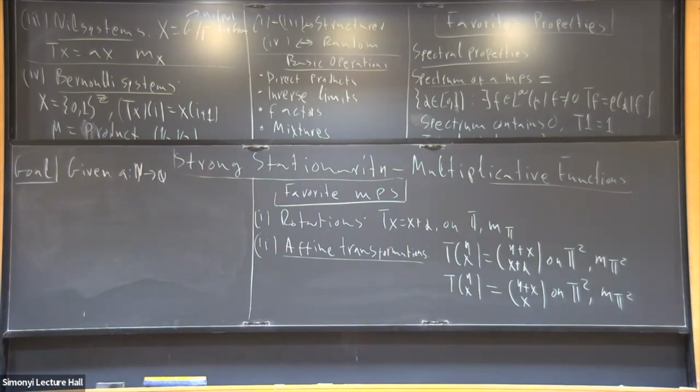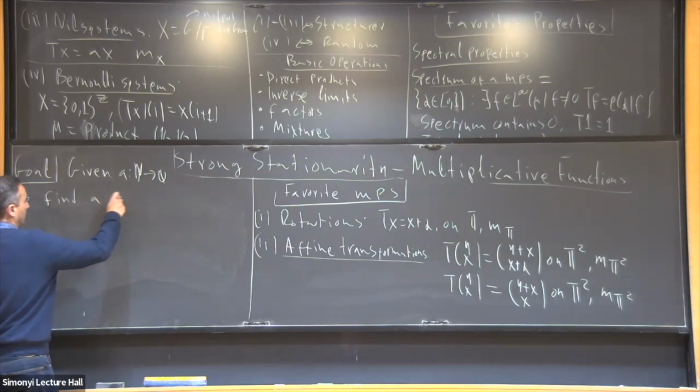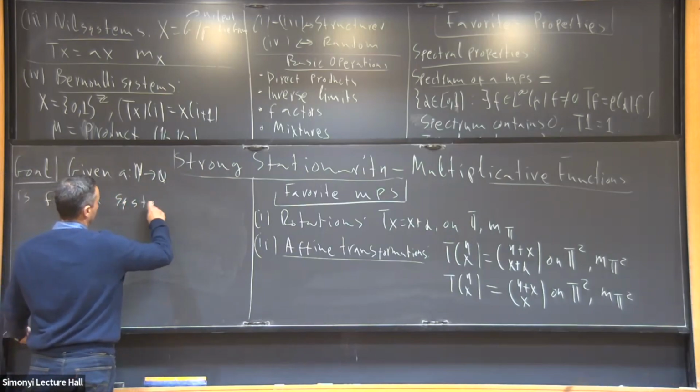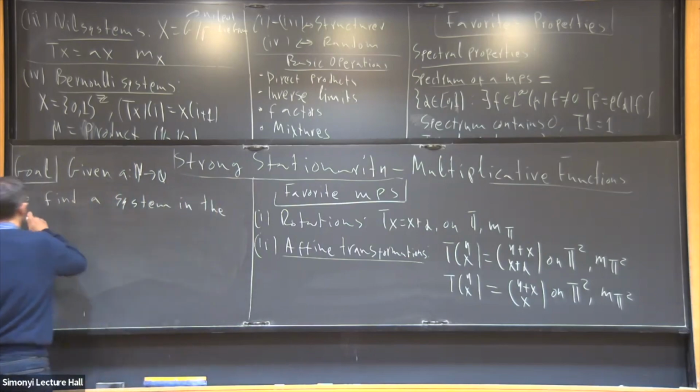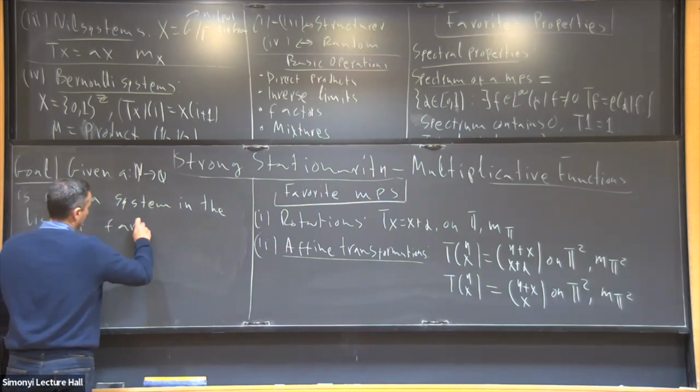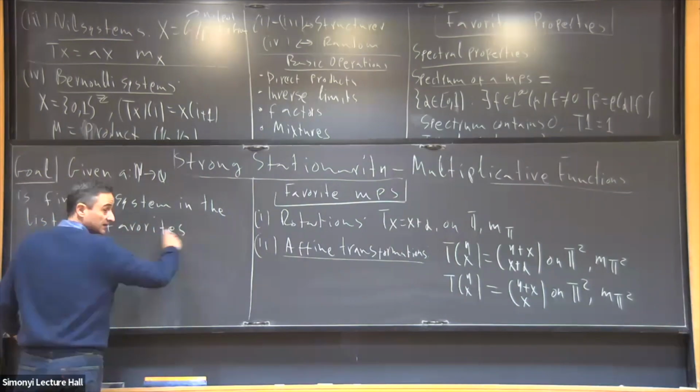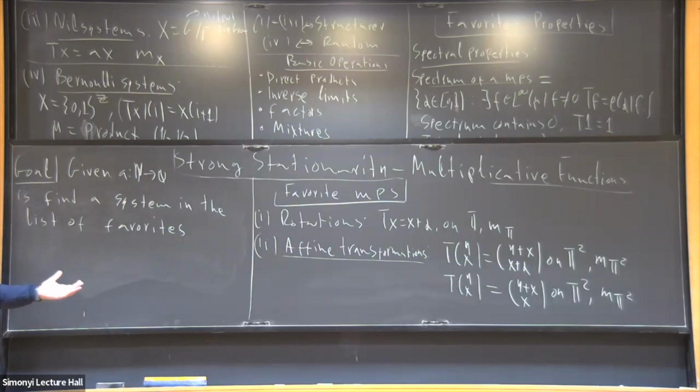But ultimately, what we would like to do is find the system in this list. It's not guaranteed that it will exist, okay? So it would be a nice theorem if you are able to obtain this.